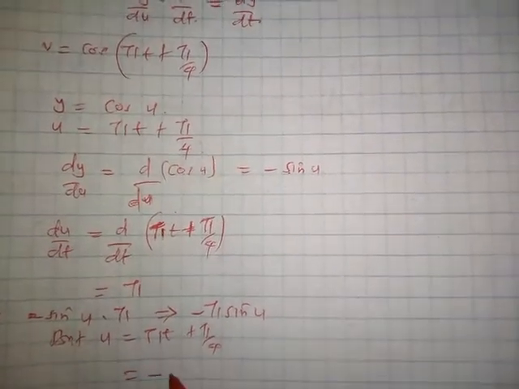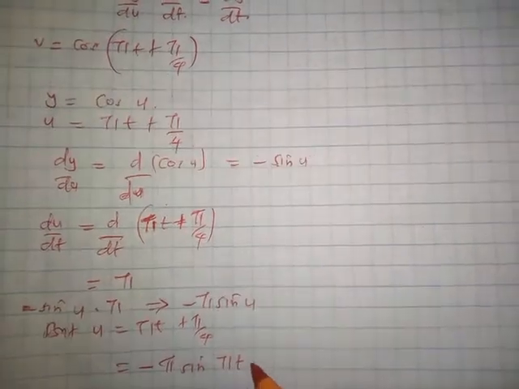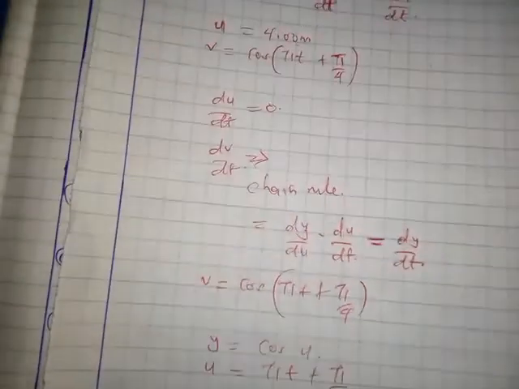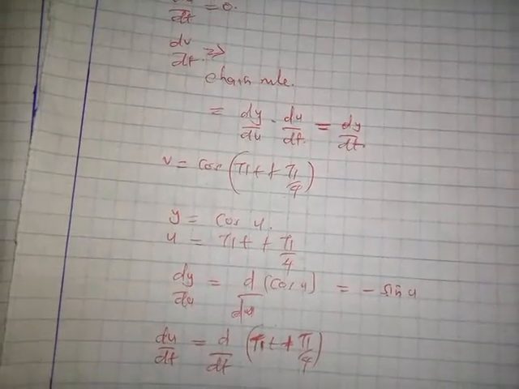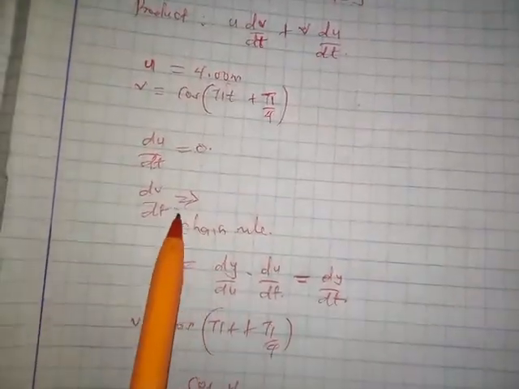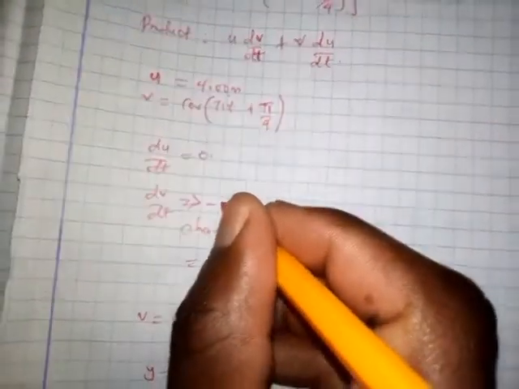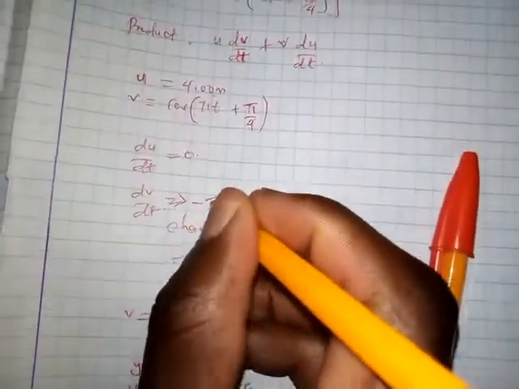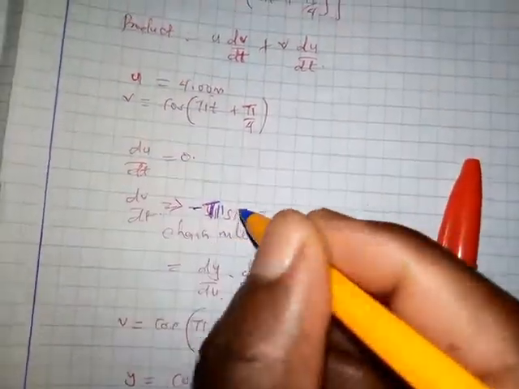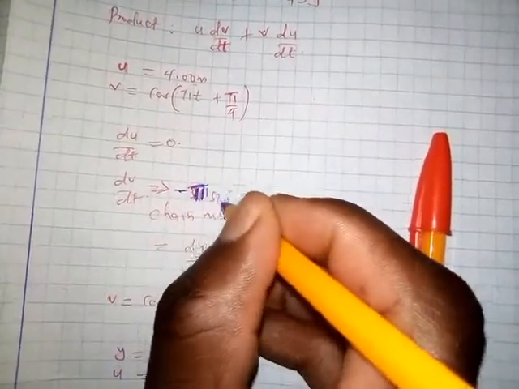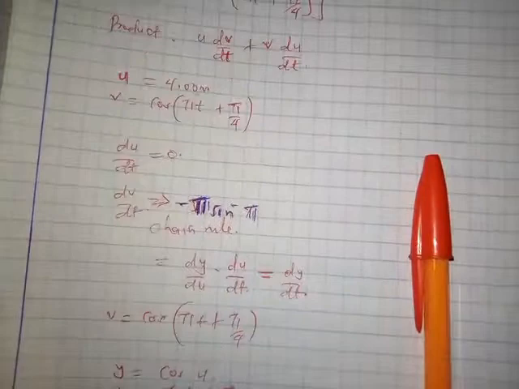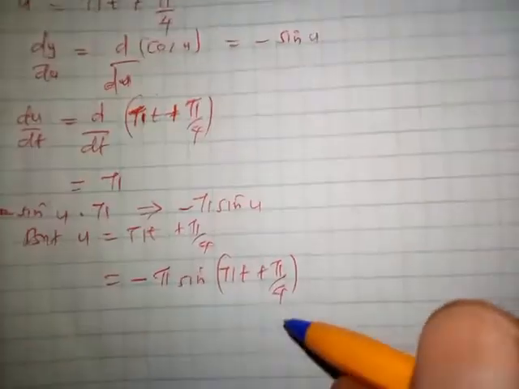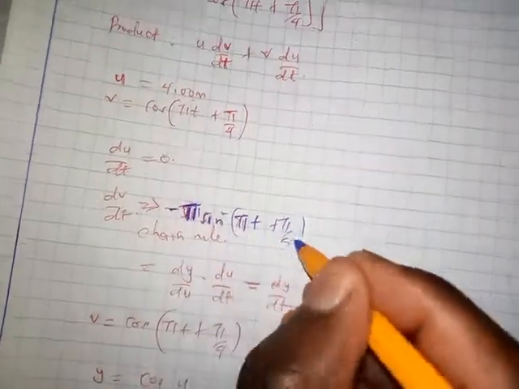So this becomes negative π sin(πt + π/4). This is our dv/dt.